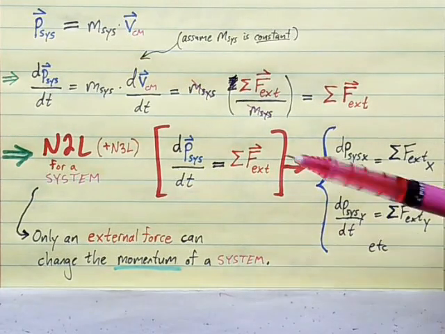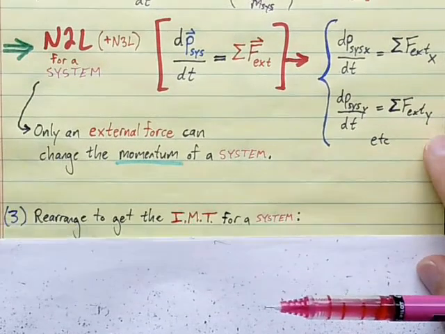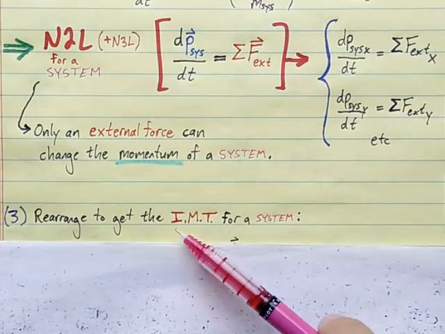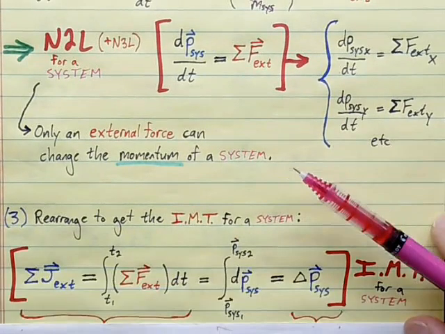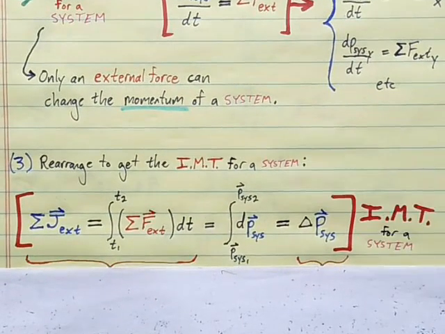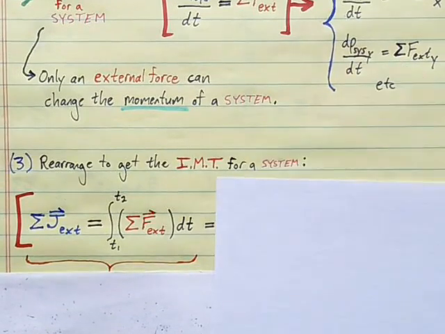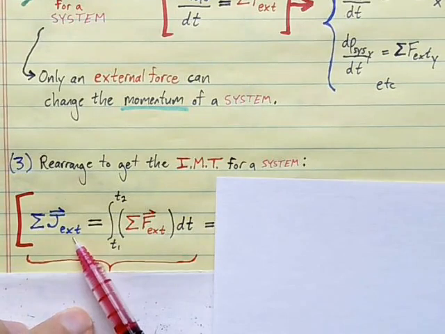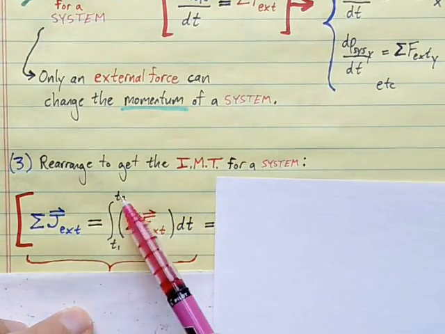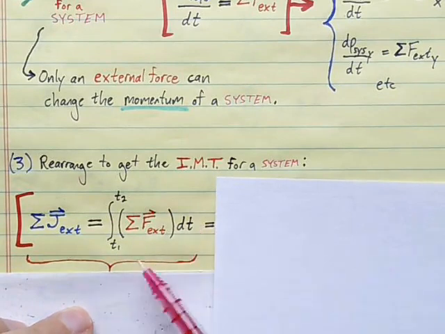All right, I want to rearrange this a bit more to get the impulse-momentum theorem for a system. So we'll start by defining the net external impulse on the system over some time interval from time 1 to time 2. That would be this time integral of the net external force.